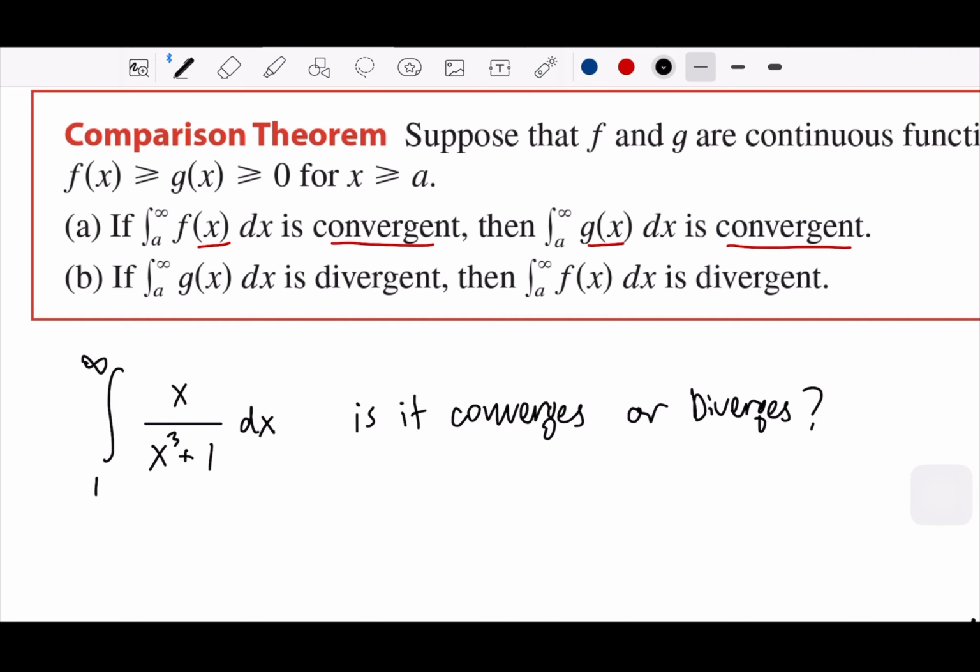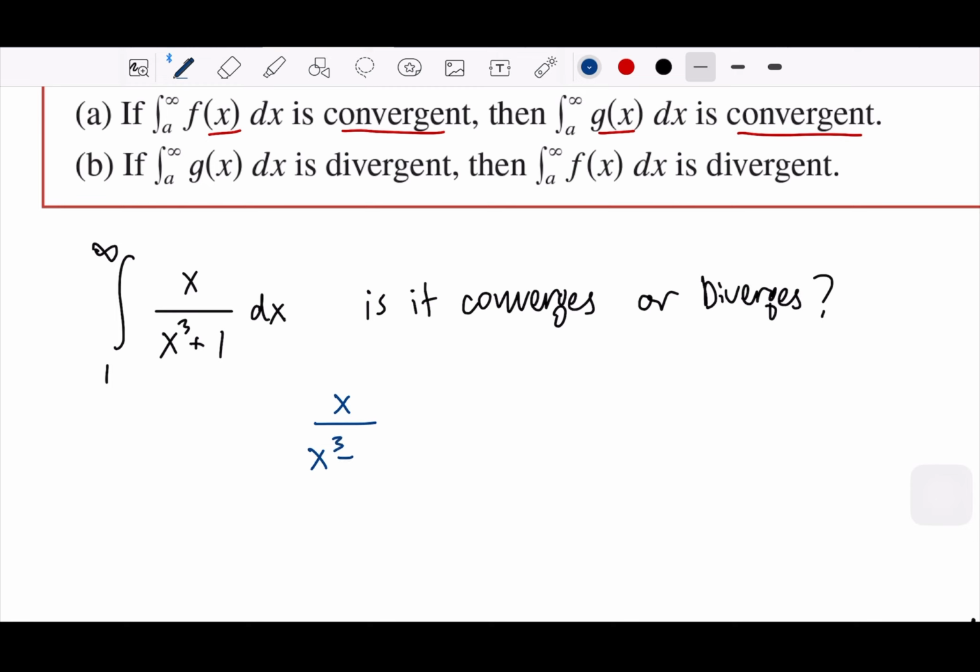Now what's the idea here? Let me write this as a function. This is our function. We have x at the top and x cubed on the bottom. We can say approximately this could be a little bit similar to one over x squared.